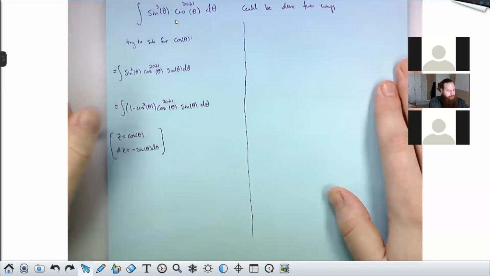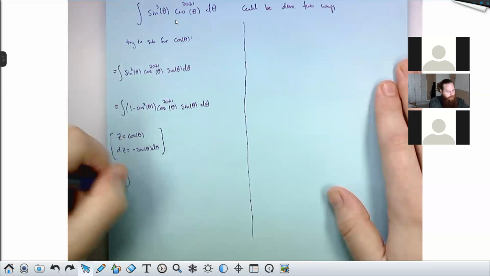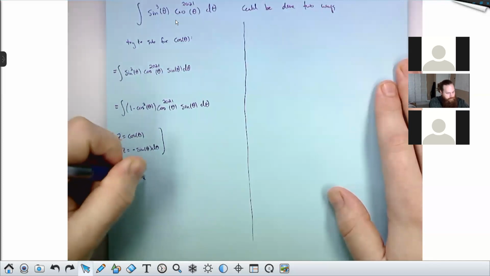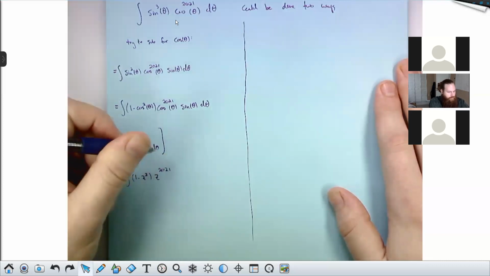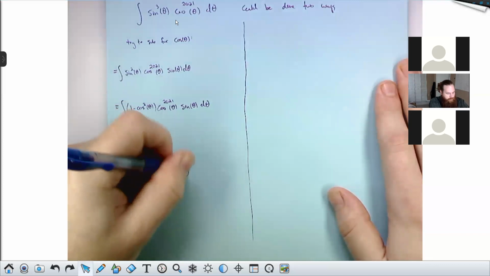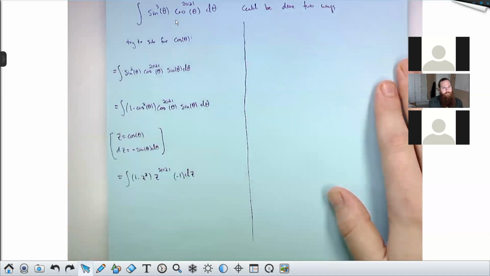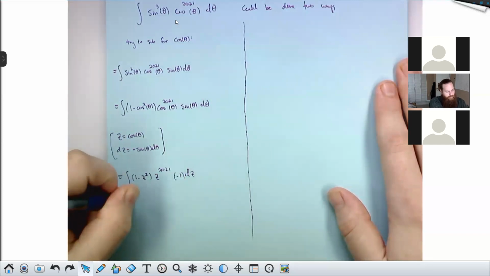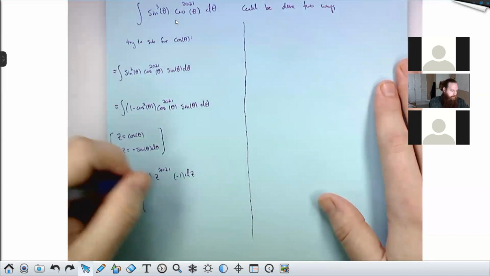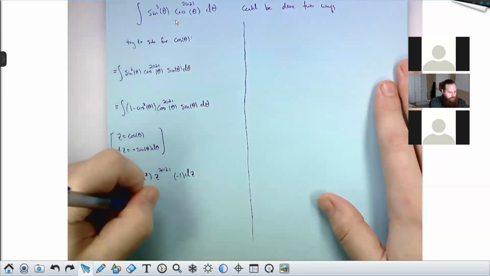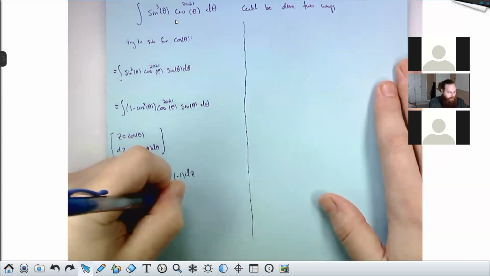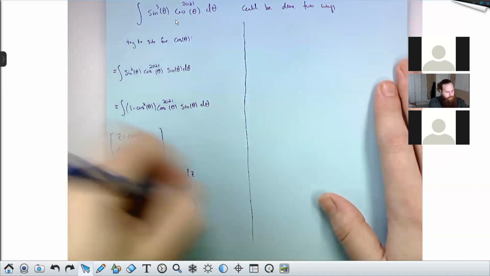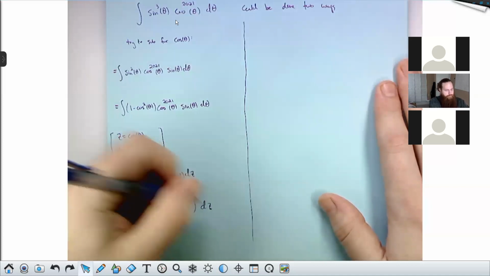There's my substitution. So I'll have integral 1 minus z squared, z to the 2021, negative 1 dz, which is negative integral, distribute the z to the 2021, so I'll have z to the 2021 minus z to the 2023 dz.